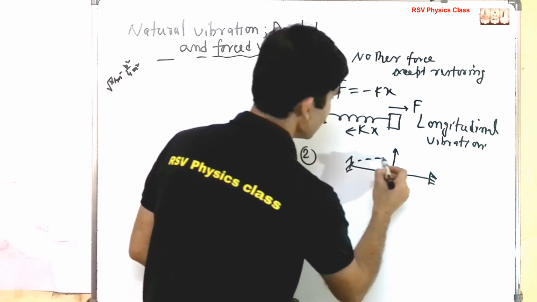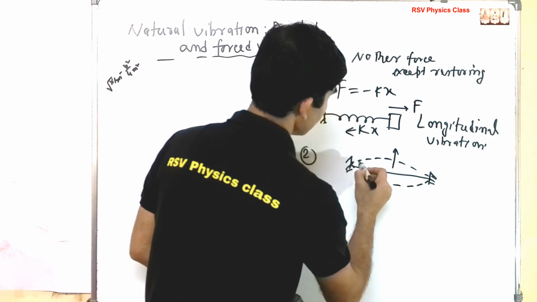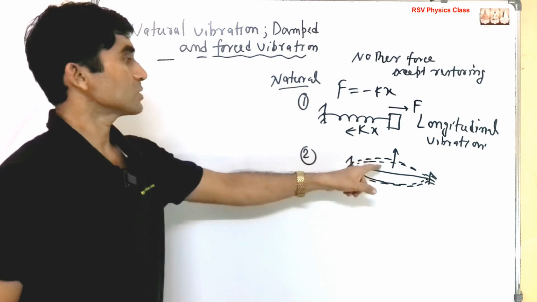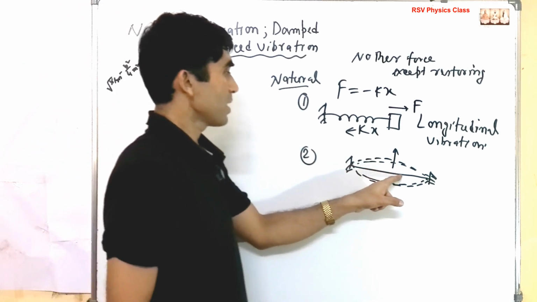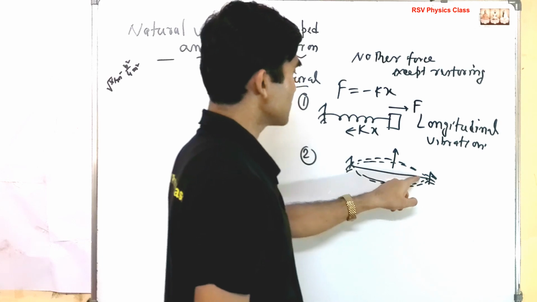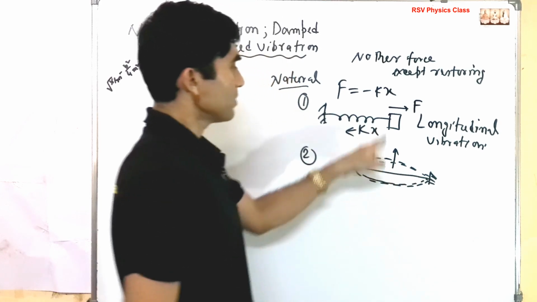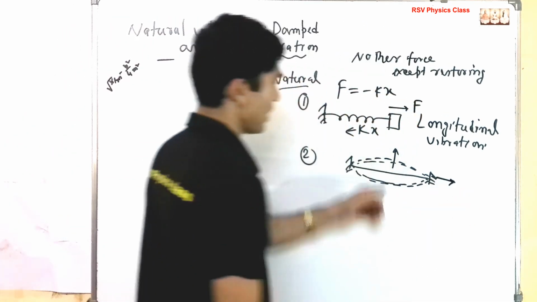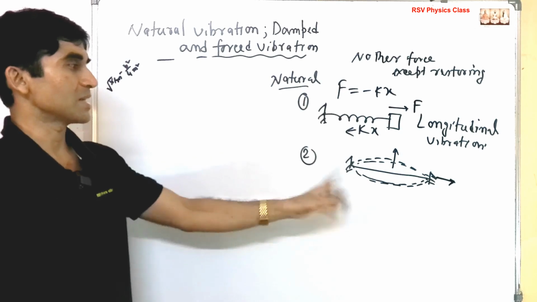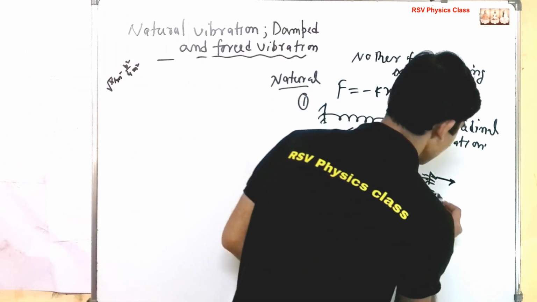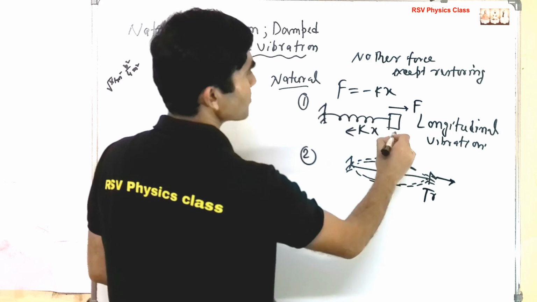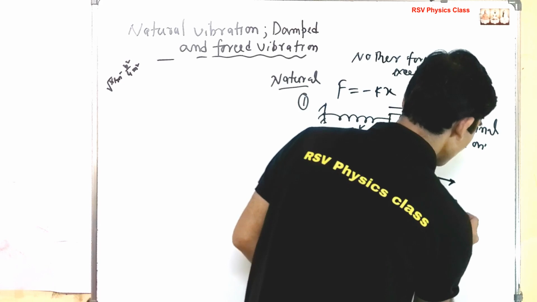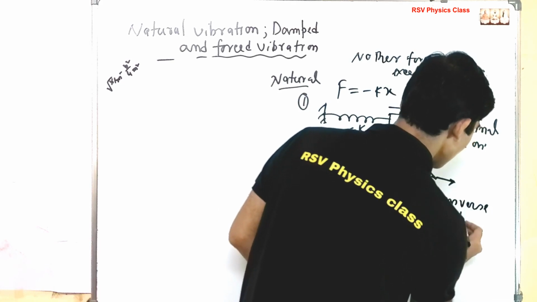In that case the vibration will be of this type. The force is applied in this direction, but the vibration is along the transverse. So this is transverse vibration. In this case the object lies in this direction, but the vibration is in this direction.